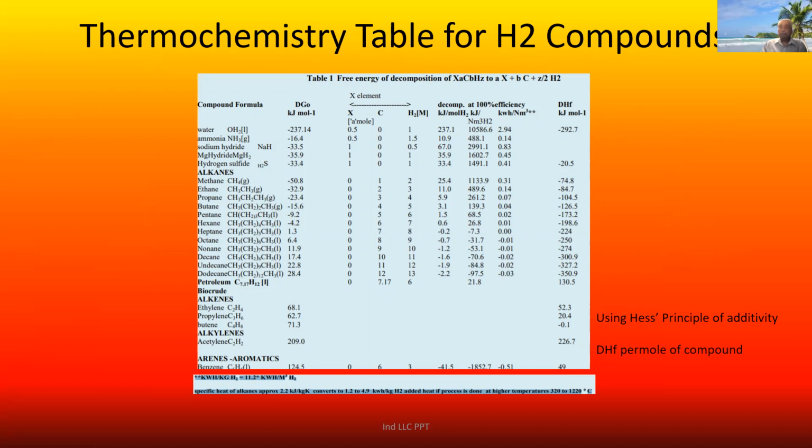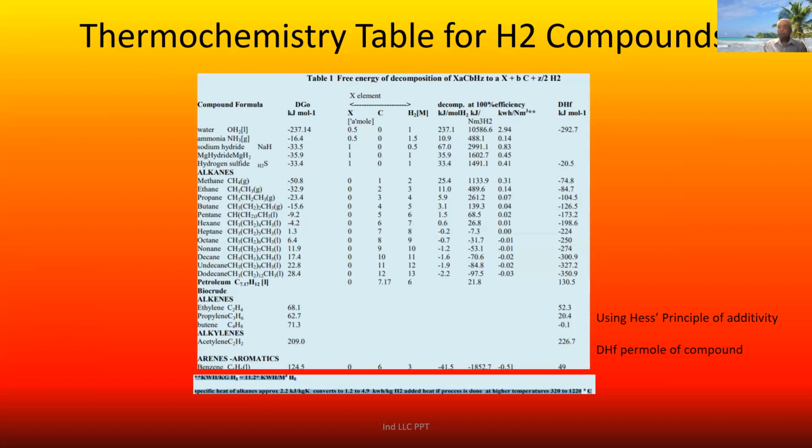Here we show the free energy of formation of the compound in column 2 and compute the minimum thermodynamic energy required for making a mole of hydrogen or a meter cube of hydrogen, in kilojoules or in kilowatt hours, knowing that there is 11.2 meter cube per kilogram of hydrogen.